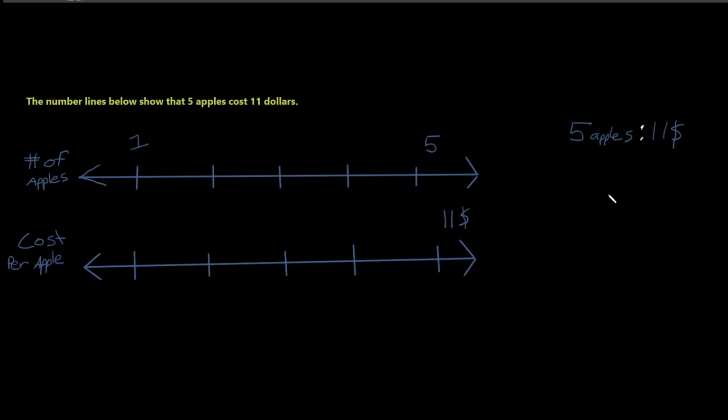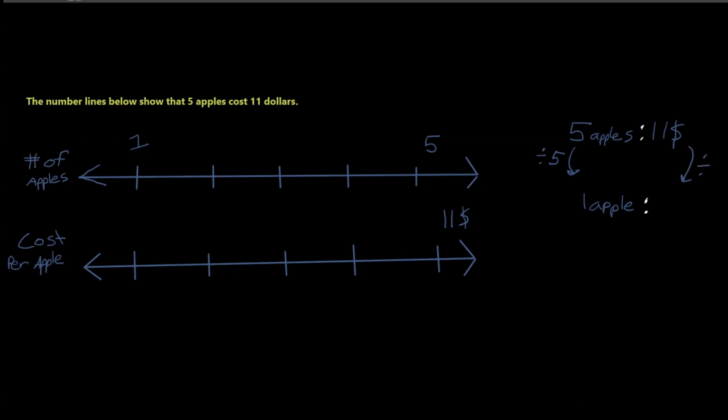So in order to get to 1, we'll write 1 apple, because we know that this is this part of the ratio. 1 apple is equivalent to what cost? Well, to get to 5 from 1, we need to divide this by 5. So we're going to need to do the same thing here with the cost. So we're going to divide 11 by 5.